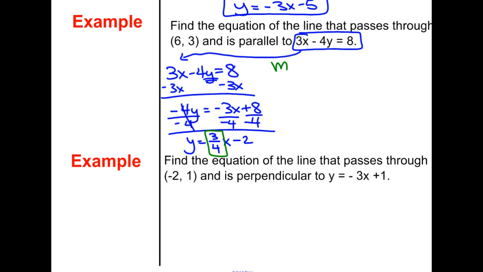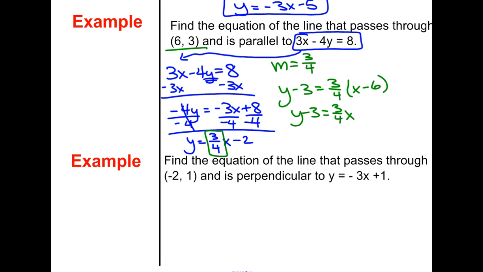So we know my new slope is still going to be 3/4, because it's parallel and it's got to be the same. We also know the point is (6, 3). So y minus 3 equals 3/4 times x minus 6. Go from there. So y minus 3 equals 3/4 x minus, positive times a negative is a negative, 6 times 3 is 18/4, which is the same thing as 9/2.